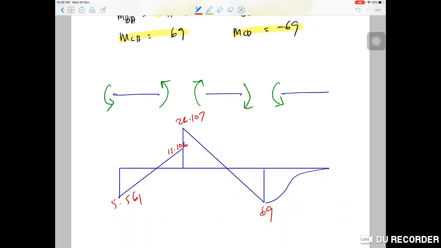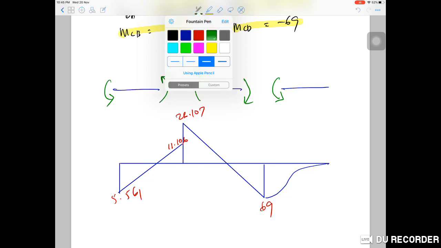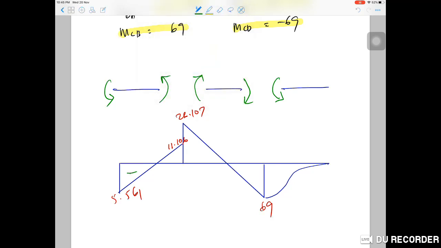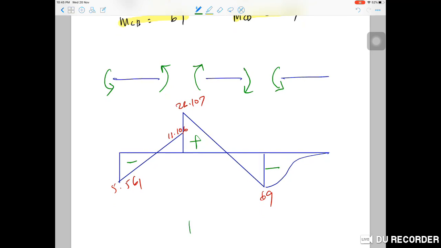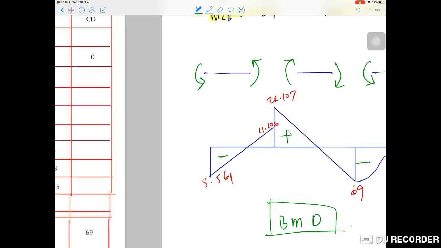So the first value is negative, this is negative, this is positive, this is negative. So this is the bending moment diagram.